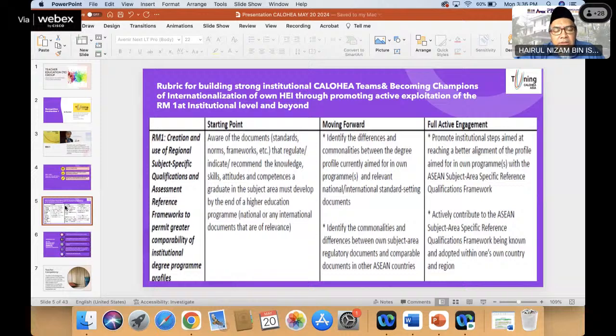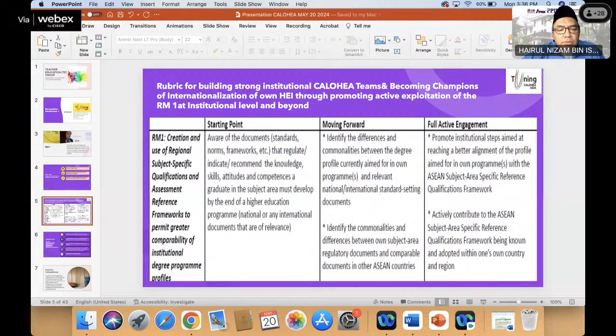Not only the teacher education group, but the other two groups also come up with a rubric on how we can start to build institutional CALOHEA team frameworks, so that it can become an example for future projects and future research in developing competency frameworks as well.